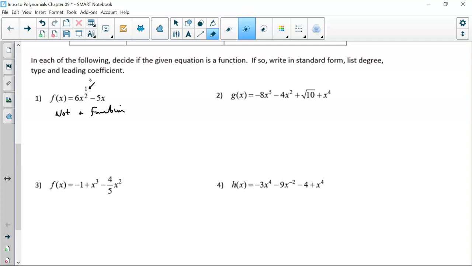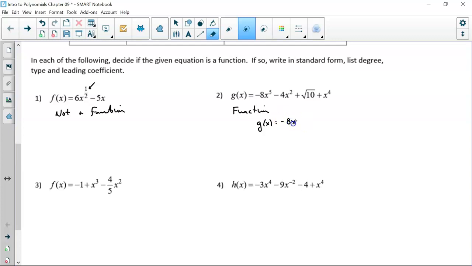Now, number 2. The square root of 10 is okay. That's just a constant. So this one, all of the exponents are positive and whole numbers. So yes, it's a function. Now, to write it in standard form, g of x equals largest exponent to the smallest.